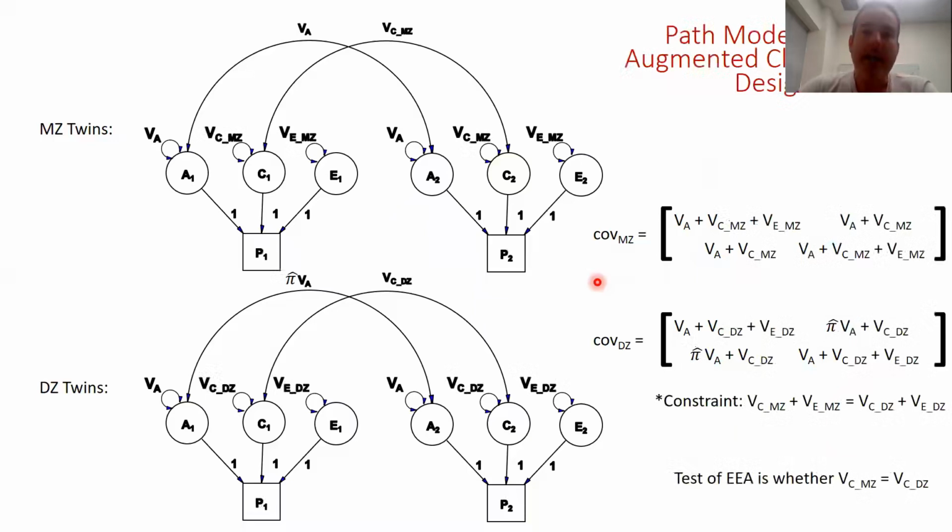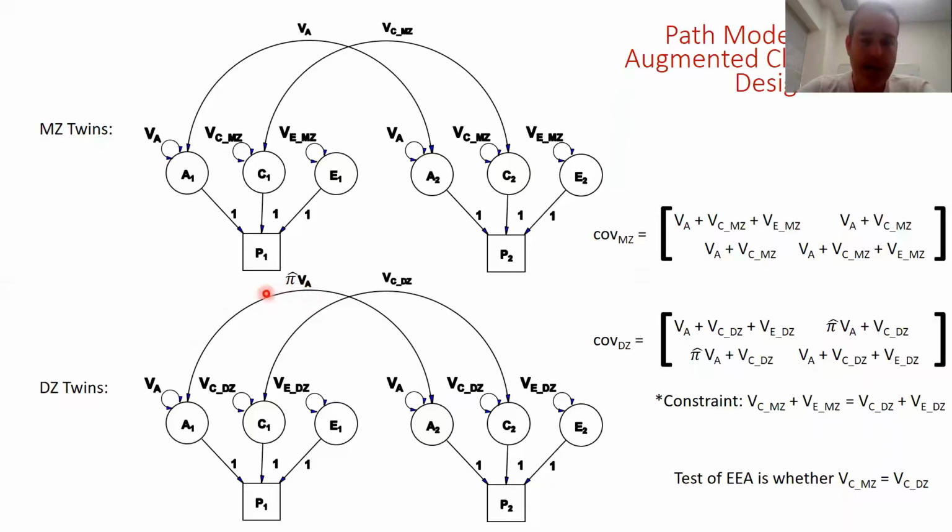The idea behind the augmented classical twin design is that we are going to include genome-wide identity by descent information into the DZ twin pairs. You can see this covariance path between the latent additive genetic factors, where this used to be 0.5 VA, now it's pi hat VA.